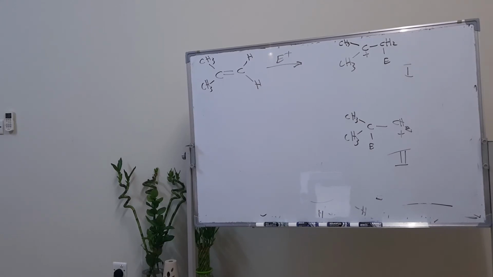Looks like many of you are answering at the same time, so I cannot hear. Which one is the more stable carbocation? The first carbocation or the second carbocation? Based on what we have just studied a few minutes ago.